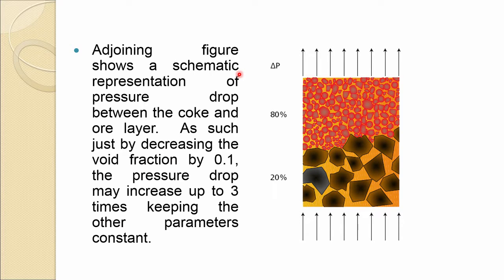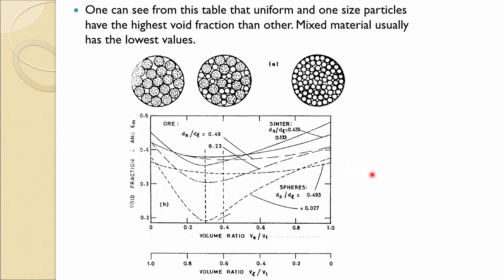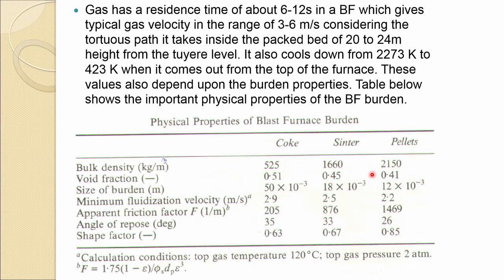So, this figure shows the schematic of an iron ore particle, and this is the coke. As you can see from the previous slide, the size is almost 3 to 4 times different than the coke size.